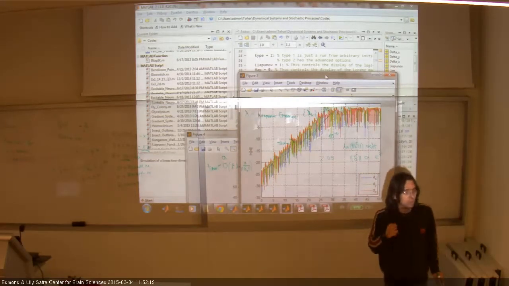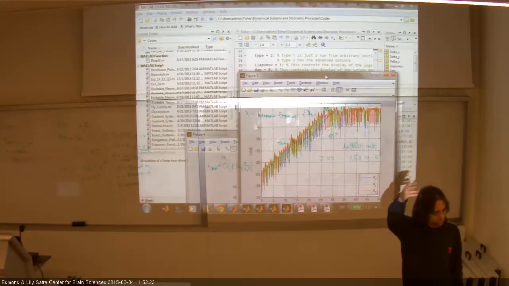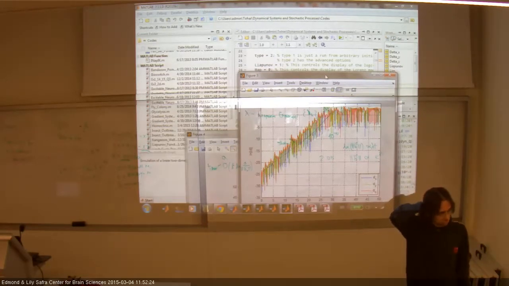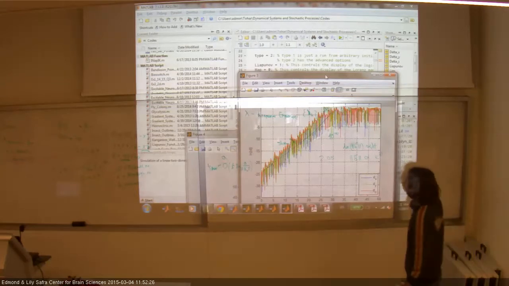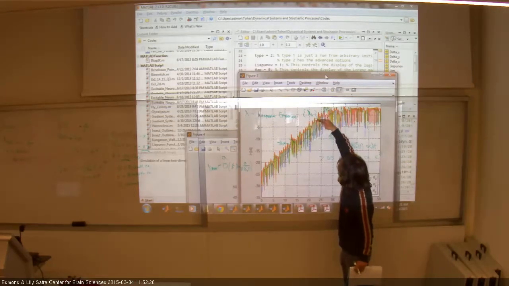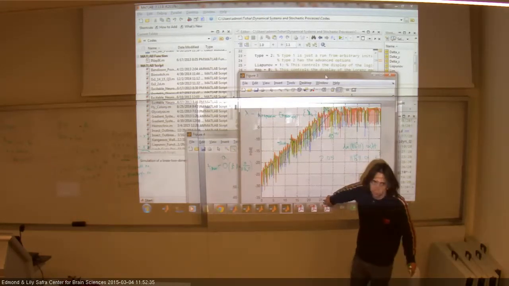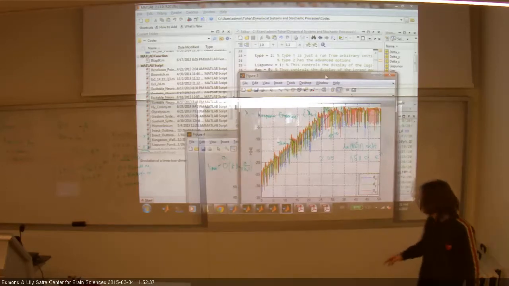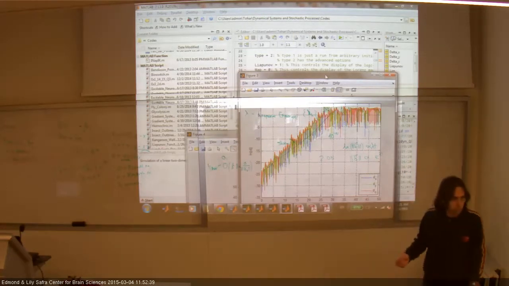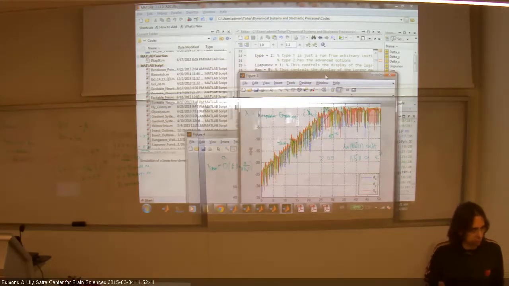A is the error that you are willing to tolerate in your final prediction. Okay? So say A is 10 to the minus 1, so it will be around here. And you can see you reach it after 25 time steps. Sorry, 25 units in time. It's not the time steps, it's the units of dimensionless time.